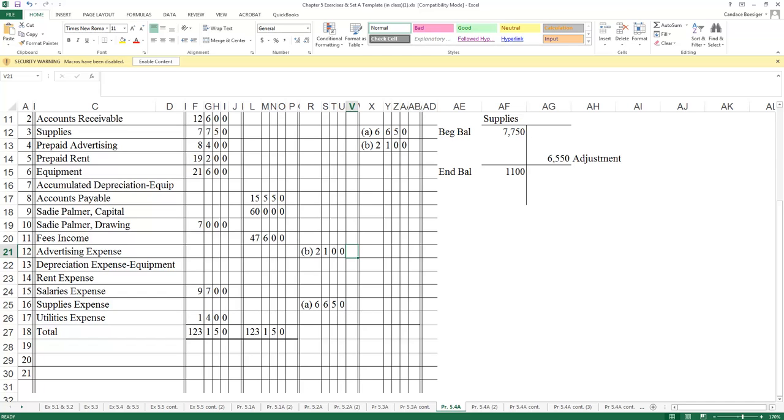And it said rent of $1,600 expired during the month. We used it up. Prepaid rent is going to go down by $1,600. And rent expense, we're going to make an adjustment there for $1,600.